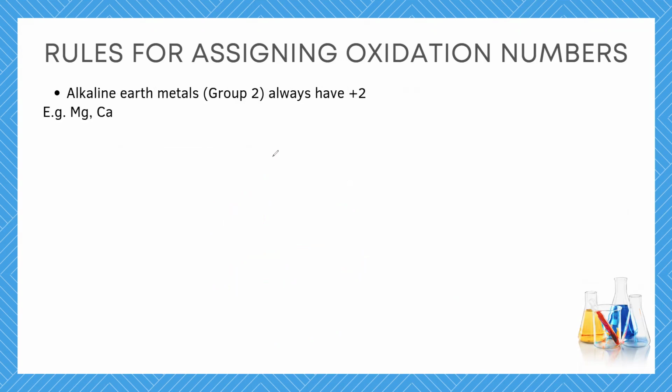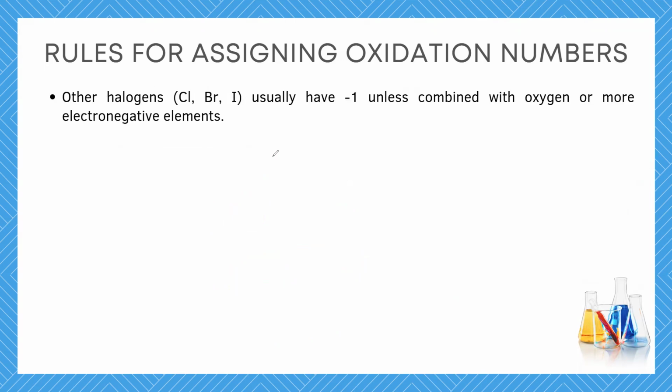The next rule says alkaline earth metals, which are metals in group 2 of the periodic table, always have plus 2. Examples like magnesium and calcium. Next rule says that fluorine has minus 1 in compounds. Don't get overwhelmed by all these rules, okay? We'll be applying them as we solve questions.